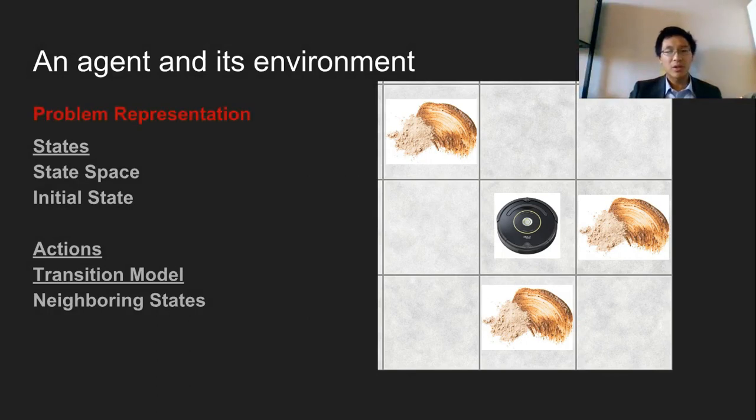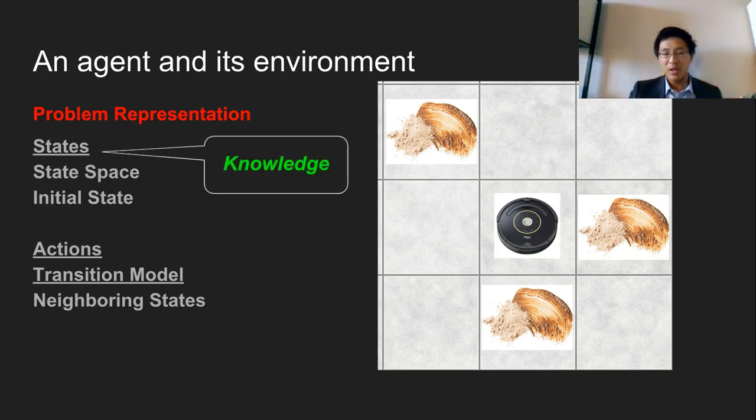Okay, so lots so far. We've created our problem representation by having states and all the possible states, which makes up its space, an initial state, and we listed also its actions and transition model, which will tell us the neighboring states of every state. So this uses knowledge about our environment and tells us about the choices that we have available to us.